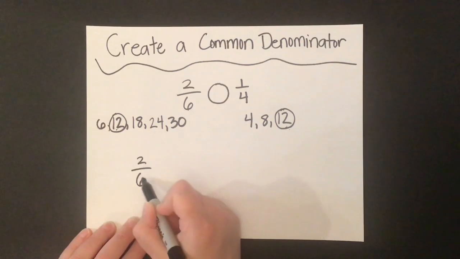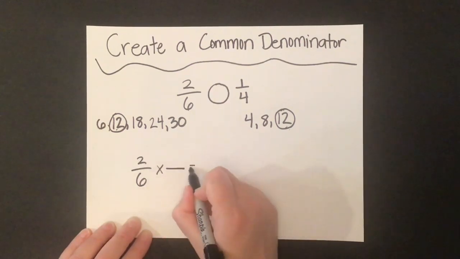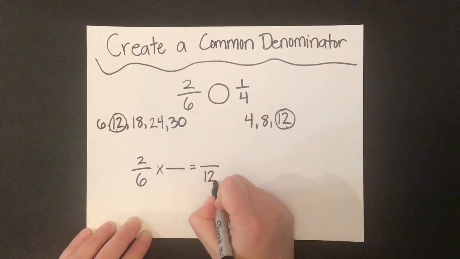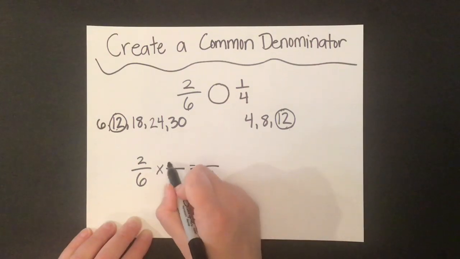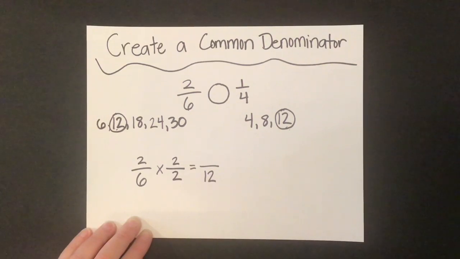We'll just take 2/6 and times it by something equal to 1 whole, obviously. It has to have 12 as a denominator. 2/6 times 2 halves will give us 4/12.